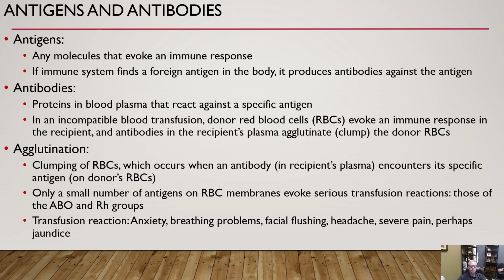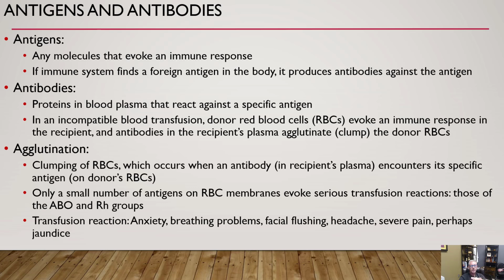All right, so we've already said that the antigen is on the red blood cell. And when we're looking at reactions, the antigen is the molecule that will evoke an immune response.